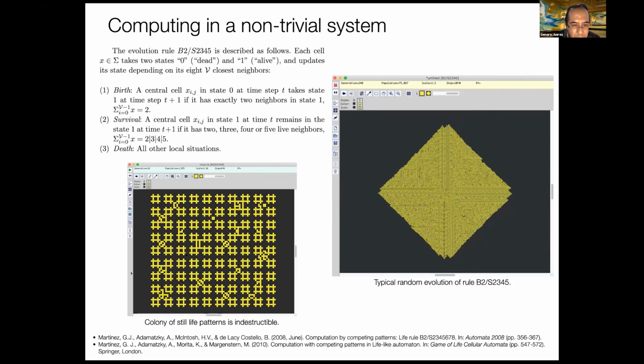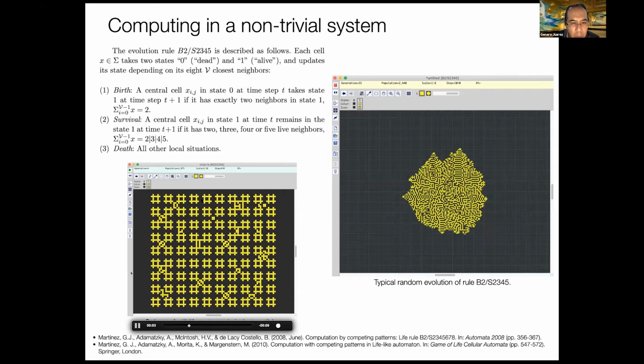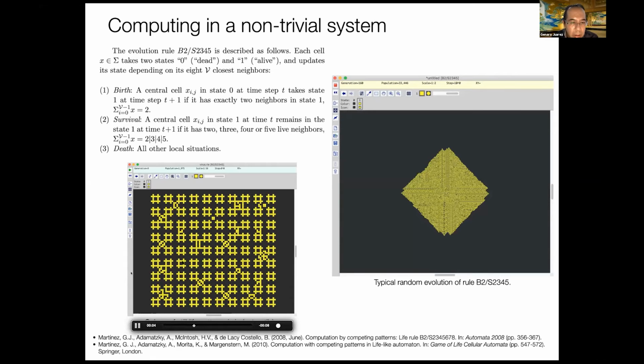Well, in this evolution, we can see how a swarm of a specific configuration, represented by this square, is stable. You can increase the number of these patterns and the universe will be permanently stable.